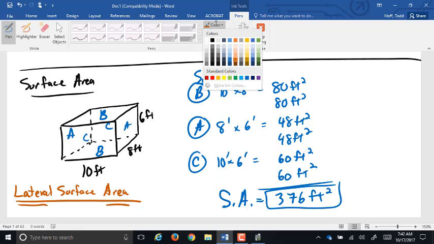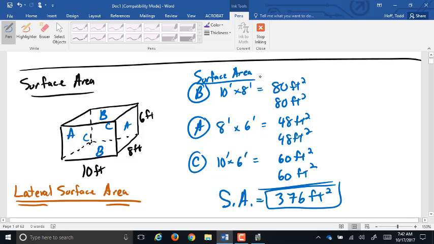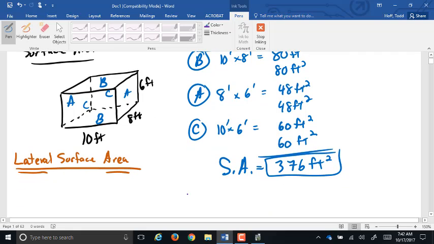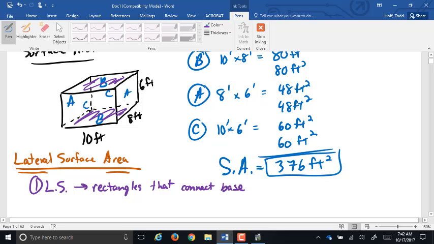Lateral surfaces are the rectangles that connect the bases. And not necessarily even rectangles, it can be any shapes. It's just the surfaces that connect the bases. So up here we've got the base on bottom and we got the base on top. The lateral area are those 4 rectangles that wrap around the sides.